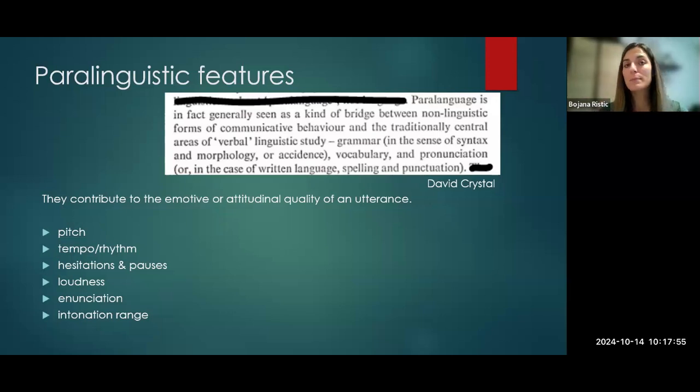If the sentence is pronounced differently, you might understand that the person dislikes it. You might understand that the person hates it, that the person is angry about it, that the person is not sure about it, so the person is making a lot of pauses, etc., etc. These are all the types of information that are actually encoded in speech that are not true for written language. So I will just explain some.